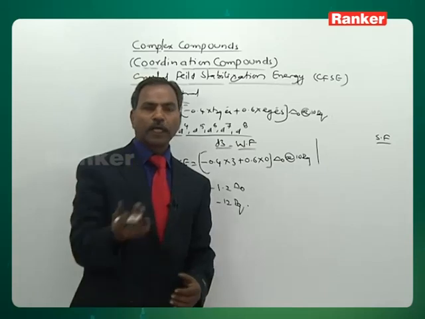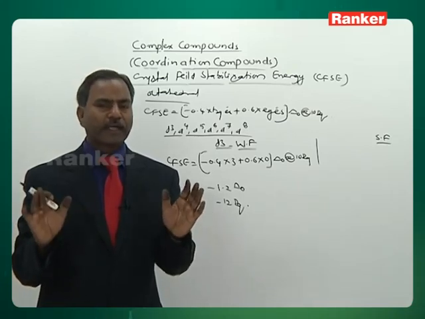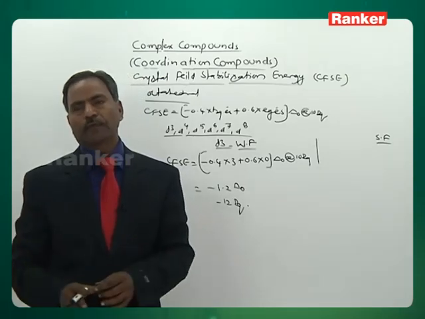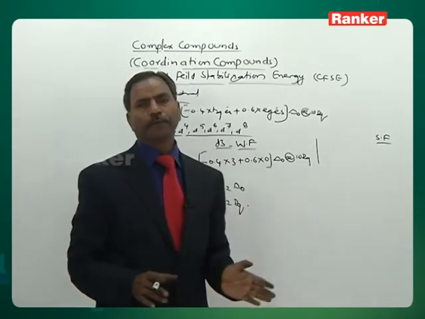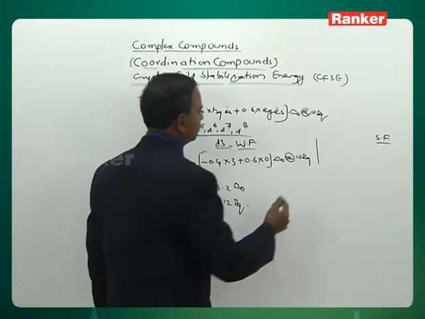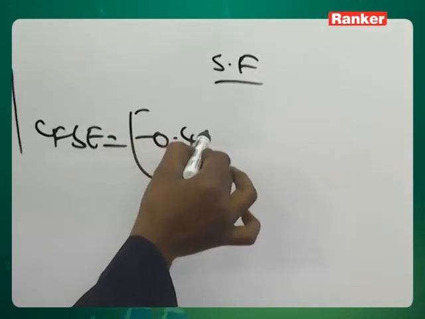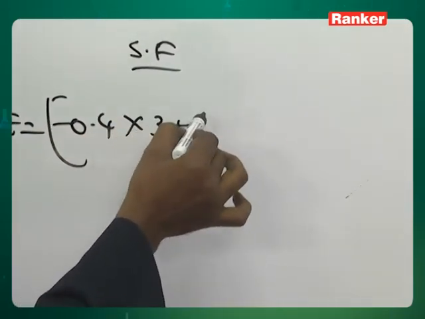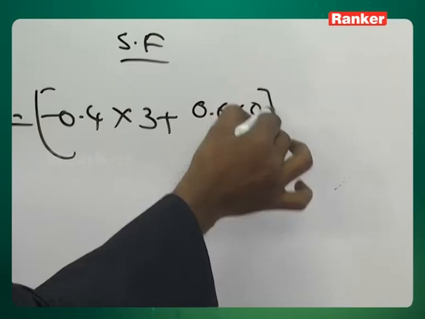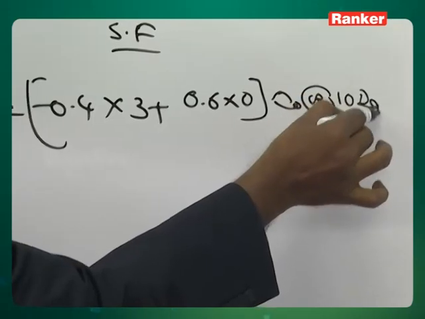Coming to the strong field. Recollect again, in the d3 electronic configuration, the distribution of electrons is identical, even in the strong field and the weak field. When the distribution of electrons is not changing, the value also will not change. Therefore, in strong field and weak field, for the d3 system in octahedral geometry, the CFSE value remains the same. I will show how. Consider CFSE: minus 0.4, t2g electrons 3, eg electrons 0, times delta O or 10 Dq.